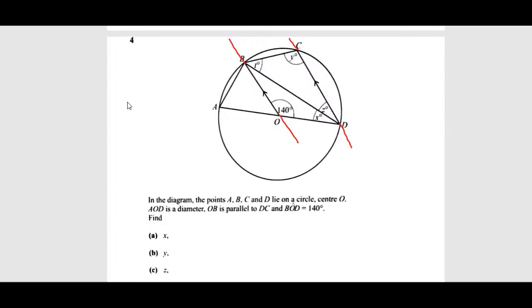Okay, that is easy. This is the center. So we know that this would be the radius and this would also be the radius, right? This becomes an isosceles triangle.